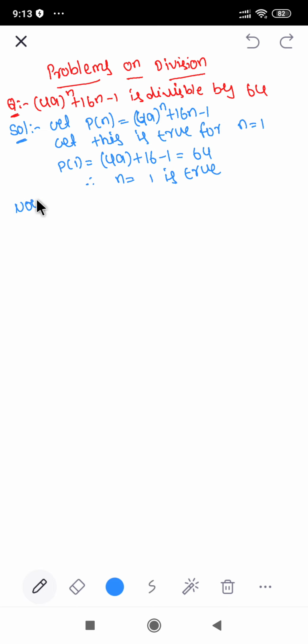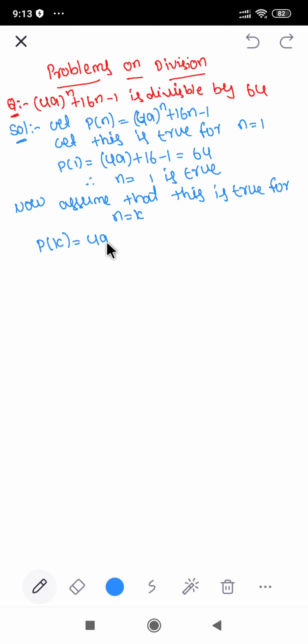Now assume that this is true for n is equal to k. So replace n with k. So P of k is equal to 49 whole to the power k plus 16k minus 1 is equal to 64 into t.